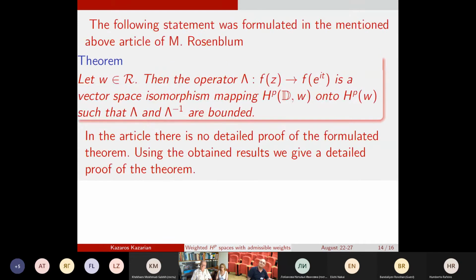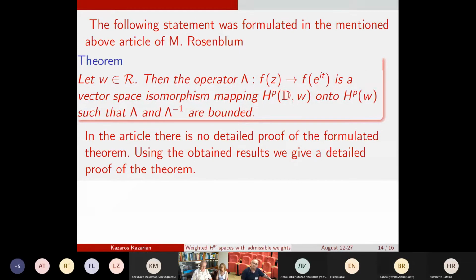I'm going too fast. Okay, so here is something a little bit delicate that I was thinking how to say smoothly, okay? So Rosenblum, in his article, which I admire, in the introduction formulated the following statement: that if a weight function belongs to the class R, then there is an operator, lambda, which is called, such that any element which belongs to, here I have not changed the notation, so in my notation, it should be HP calligraphic omega onto HP omega.